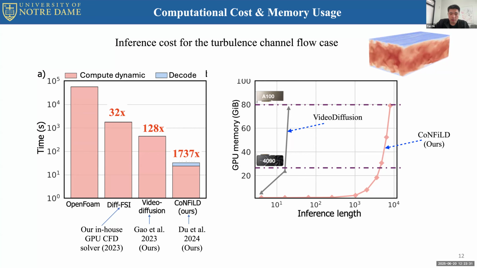For the A100, the video diffusion actually stops at around 120 time steps. However, with our CoNFiLD, we can infer as many as thousands of time steps, thanks to our very efficient encoder component called the conditional neural field.